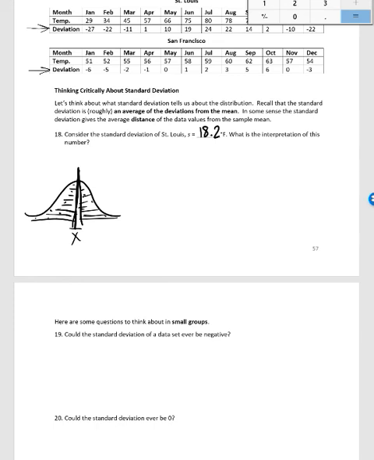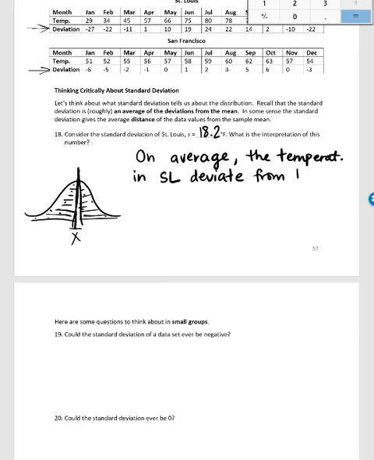So we might say something like, on average, the temperatures in St. Louis deviate from the mean or differ from the mean or vary from the mean by approximately 18 degrees.